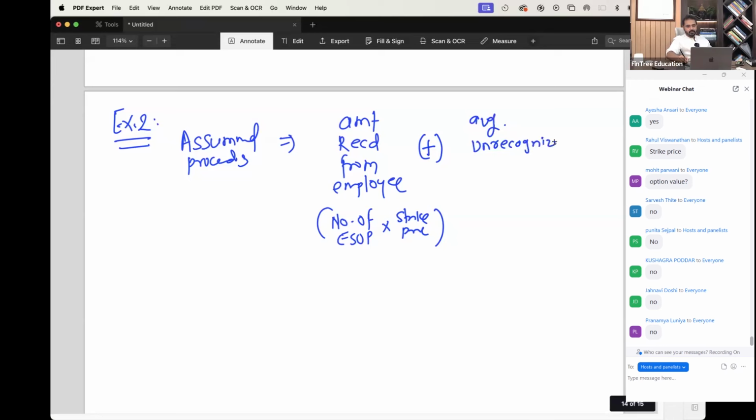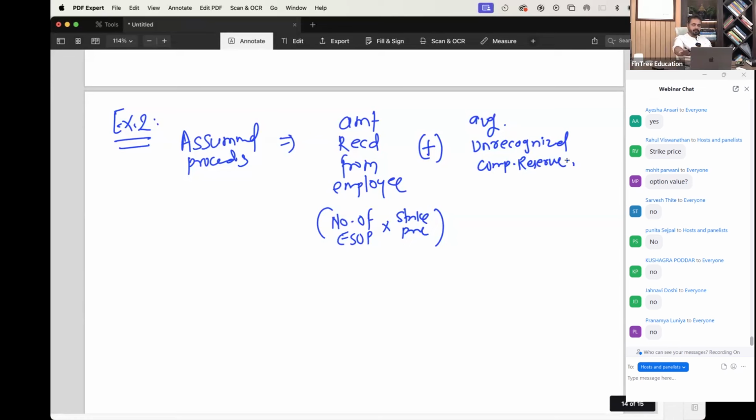I was going to recognize this in the future. Average unrecognized comp reserve. That means the expense that I was going to have in the future because of this issue. I take an average of that, and this is comp reserve, not comp expense. Unrecognized comp, I'll show you the calculation. I will take an average of that, and I will also add that to assumed proceeds.